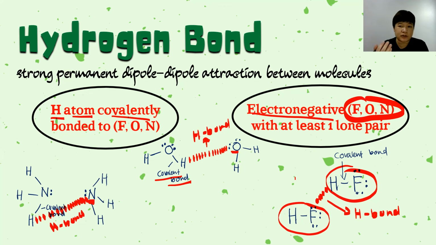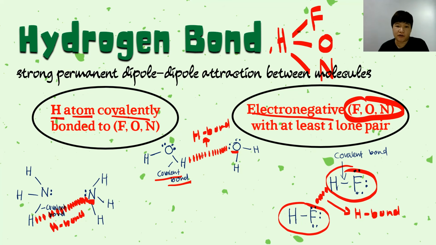So hydrogen bond can only be formed when you have a hydrogen covalently bonded to F, O, or N. That is your basic requirement for hydrogen bond, and then you will form attractive forces with the F, O, or N that has at least one lone pair. That is your hydrogen bond.